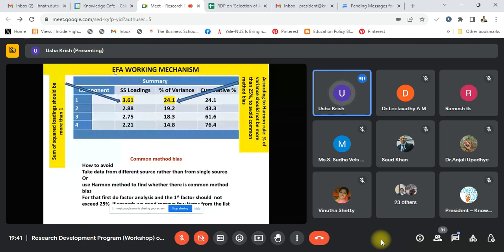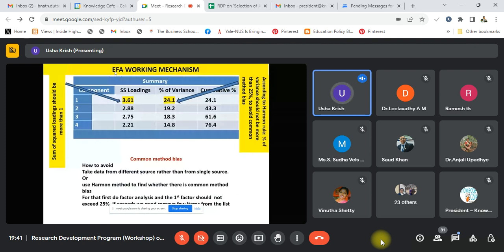According to Harman's rule, percentage of variance of the first factor should not exceed 25% to avoid common method bias. The percentage of variance of the first factor only you should observe. It should not exceed 25%.